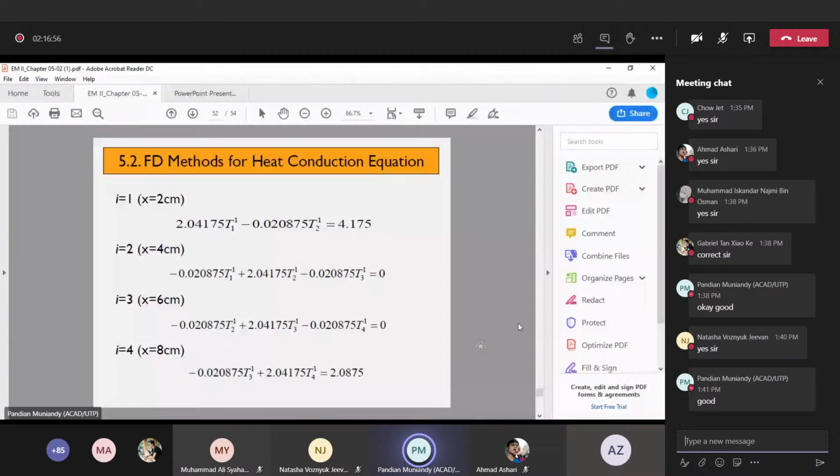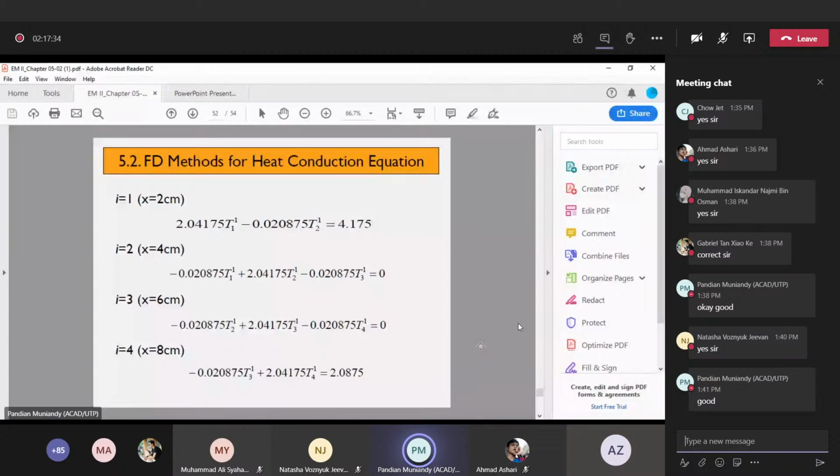So 2.04175 T1 minus 0.020875 T2 equals to 4.175, equation 1. Equation 2: minus 0.020875 T1 plus 2.04175 T2 minus 0.020875 T3 equals to 0. For I3, minus 0.020875 T2 plus 2.04175 T3 minus 0.020875 T4 equals to 0.